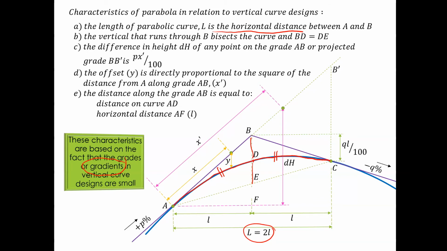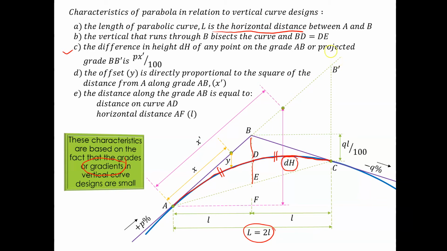The third one is the difference in height, DH, which is that distance there, of any point. Let's say that is the point that we are interested in, any point on the grade. The grade is actually A to B, so I projected it for calculation purposes to B prime. The dotted line just means it's a projected line.